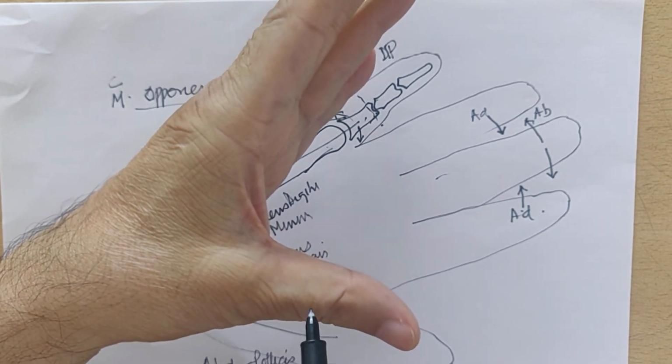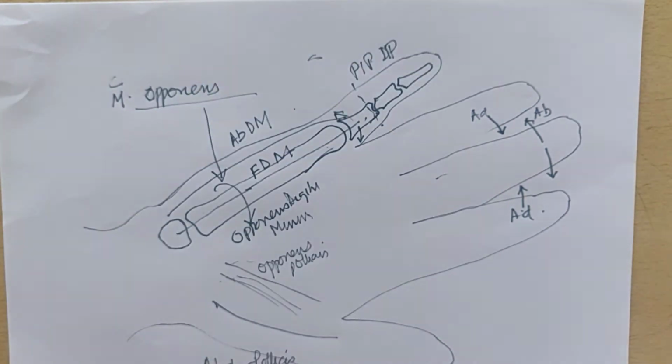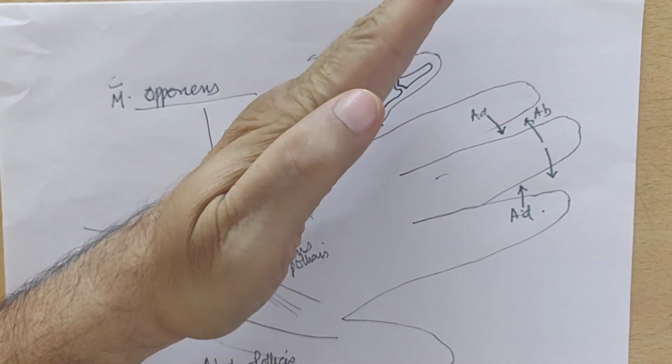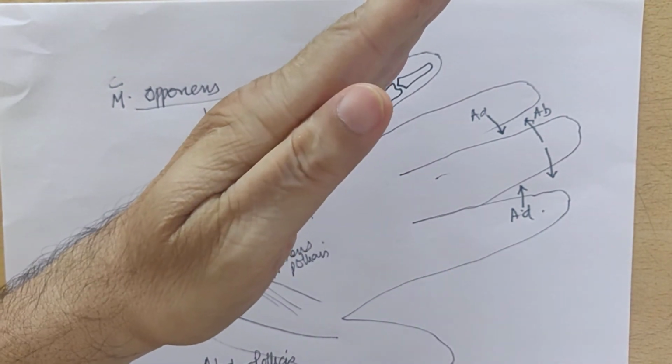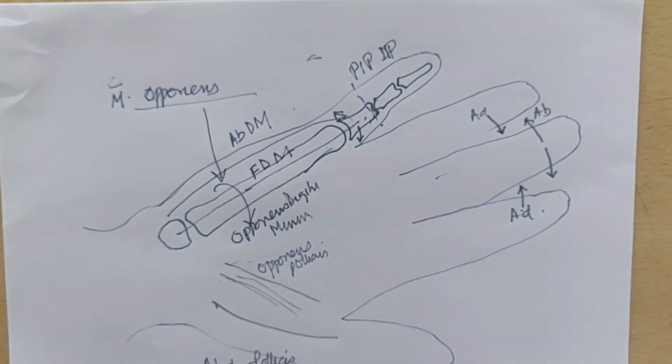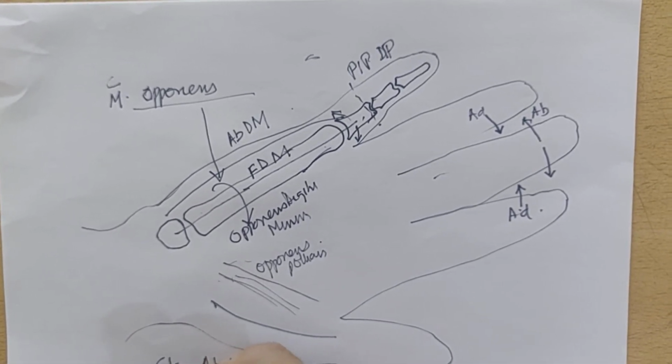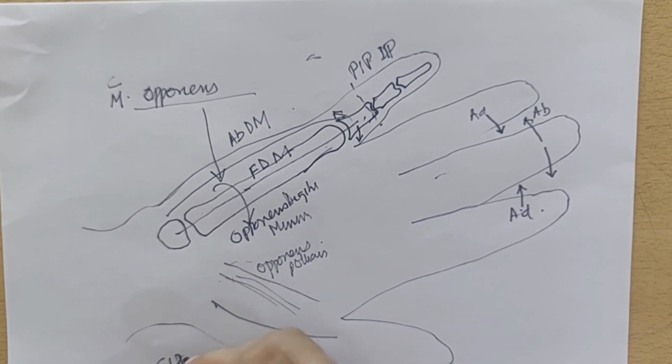Then the extensor pollicis longus would be able to extend it. In adduction, extensor pollicis brevis would be able to extend it. So there is the abductor pollicis longus and brevis, and there is the extensor pollicis longus and brevis.